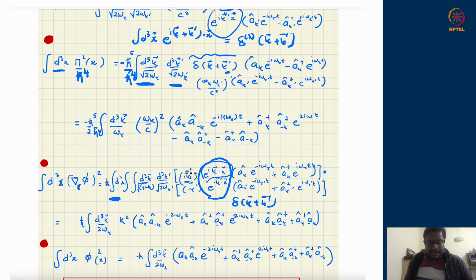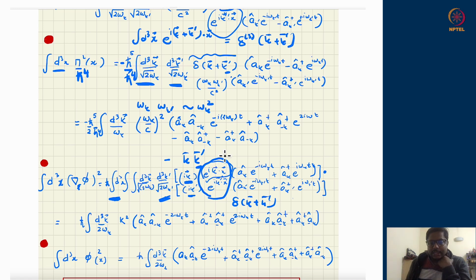So this time there is a subtlety. Previously, I had omega k and omega k primed, and when k prime became minus k, it became omega k square, because these were the same thing. This time I have an iota k and iota k primed. First iota will give a minus sign, and then k and k primed is there, and with the delta function, when I do the d3k primed integration, this k primed will be converted into minus k.